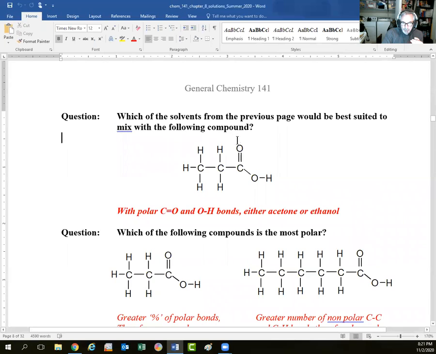So with that carbon to oxygen double bond, that's a polar covalent bond, of course. And that could lead to dipole interactions between molecules. We've also got that highly polar oxygen to hydrogen bond. And so we've got a capacity for hydrogen bonding between molecules. So acetone or ethanol, because of the carbonyl and alcohol groups that they have, would probably be the best fit.